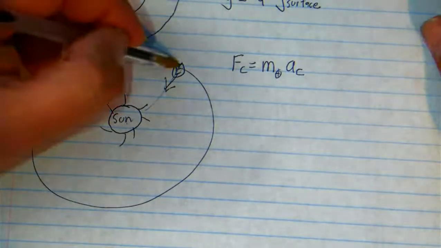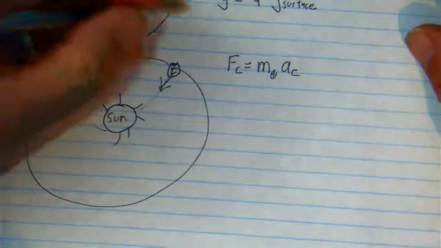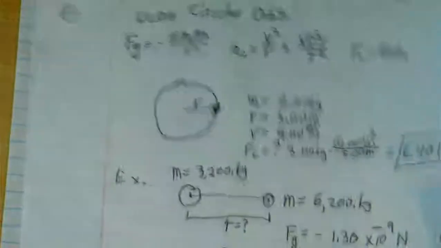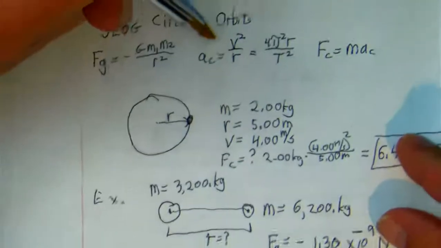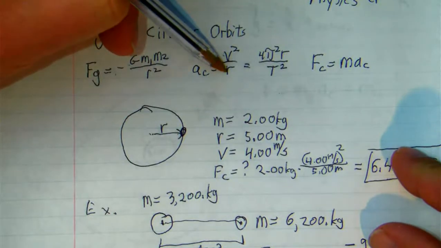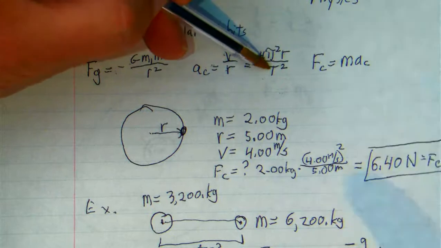If we knew the speed of the Earth and the distance from the sun to the Earth, we could calculate it. But wait, there's another way we can calculate it. And that is from that formula that said centripetal acceleration is not only speed squared over radius, but it's 4 pi squared times the radius divided by the period squared.